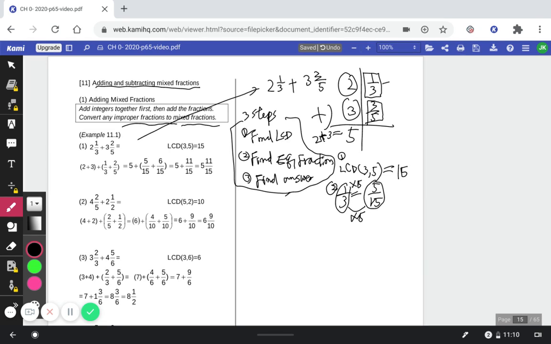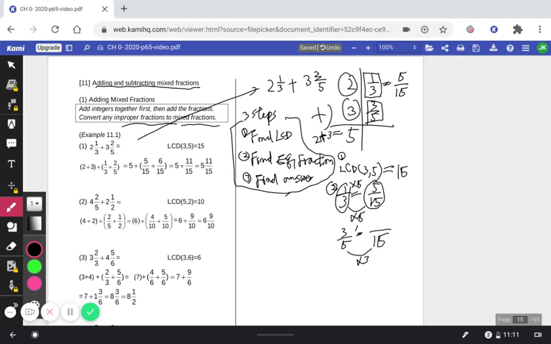So you write this next to the 1/3, and then the second one is 3/5 in terms of 15. So this time 5 goes into 15 3 times, so you multiply by 3 on the top as well.